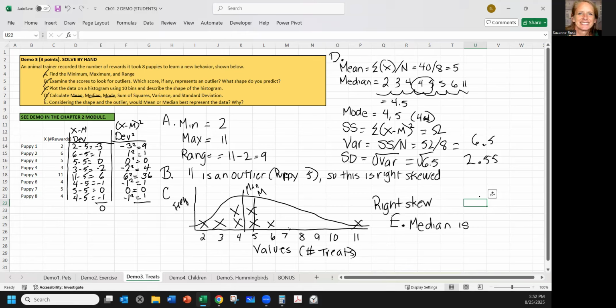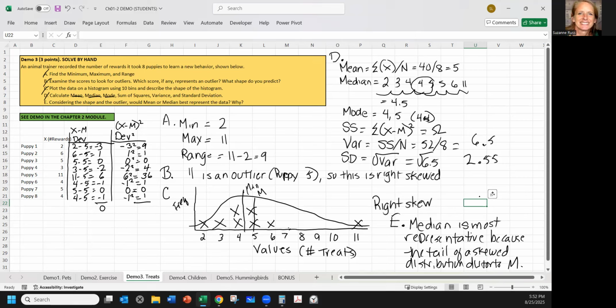We would say median is most representative, because the tail of a skewed distribution distorts the mean.